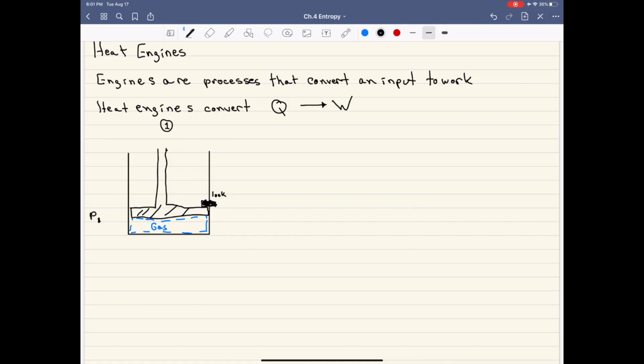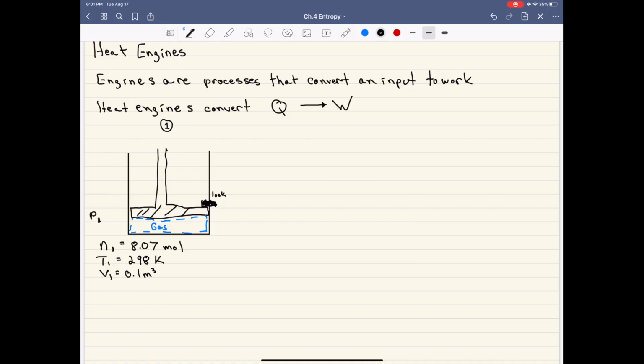We're also going to give this system some numbers. There are 8.07 moles of gas in there, at an initial temperature of 25 degrees Celsius or 298 K, and the initial volume is 0.1 meters cubed.